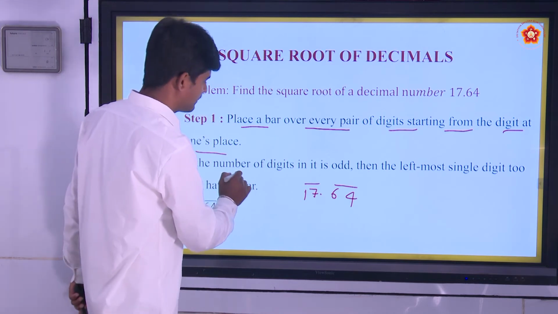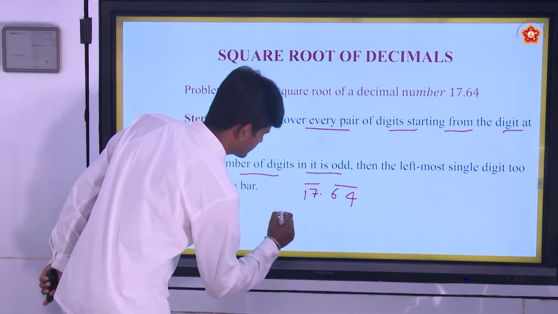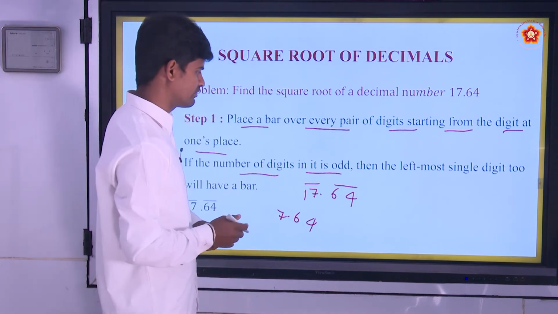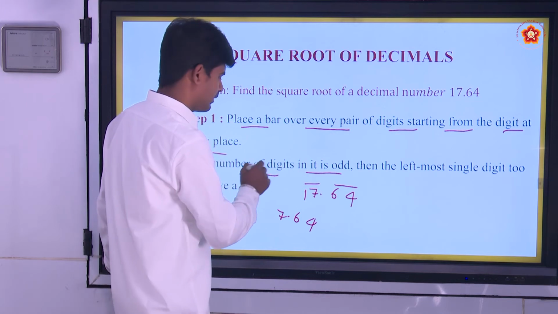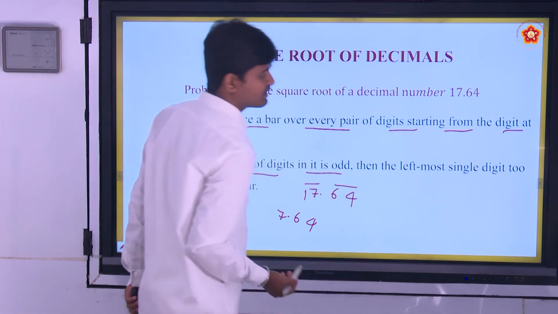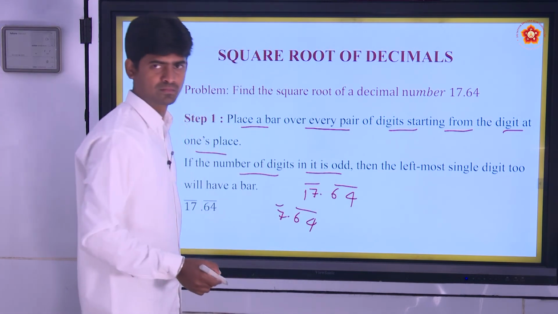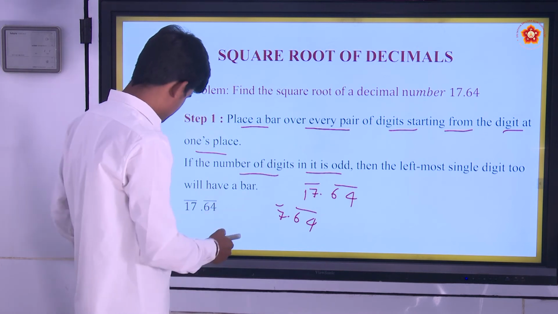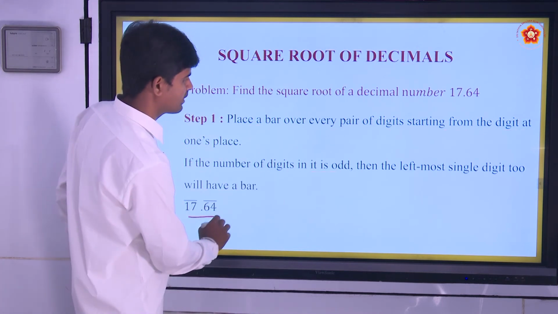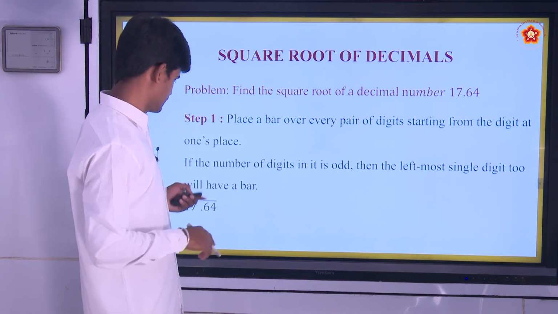If the number of digits is odd, suppose it is 7.64, then the leftmost single digit will have a bar like this. So the given number is 17.64, and we place a bar on every pair of digits. This is the first step.